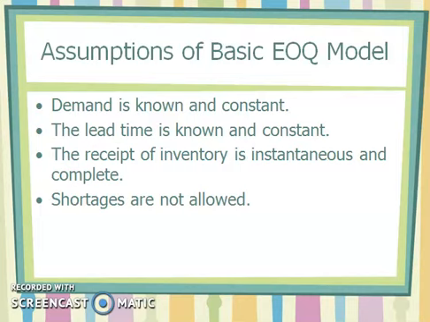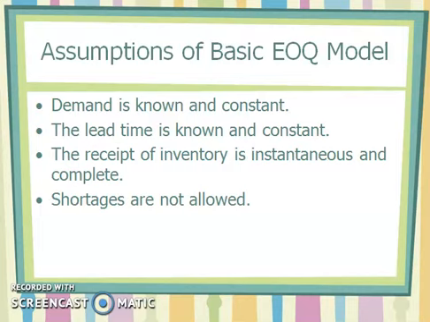The second assumption is that the lead time is known and constant. Lead time is basically the time gap between placing an order and receiving the order. For example, we have placed an order on 1st of April 2020 and we received it on 15th of April 2020. So our lead time will be 15 days.